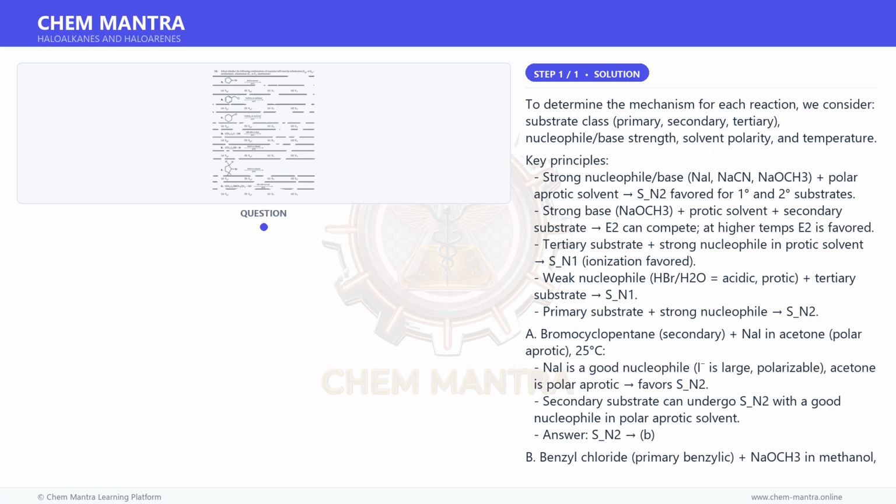Protic solvent, methanol, slightly disfavors SN2 compared to polar aprotic, and a strong base favors elimination. Answer: E2.